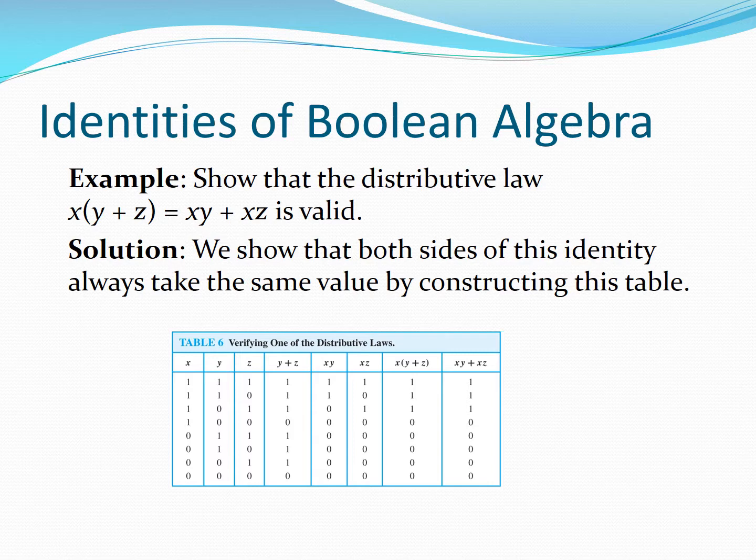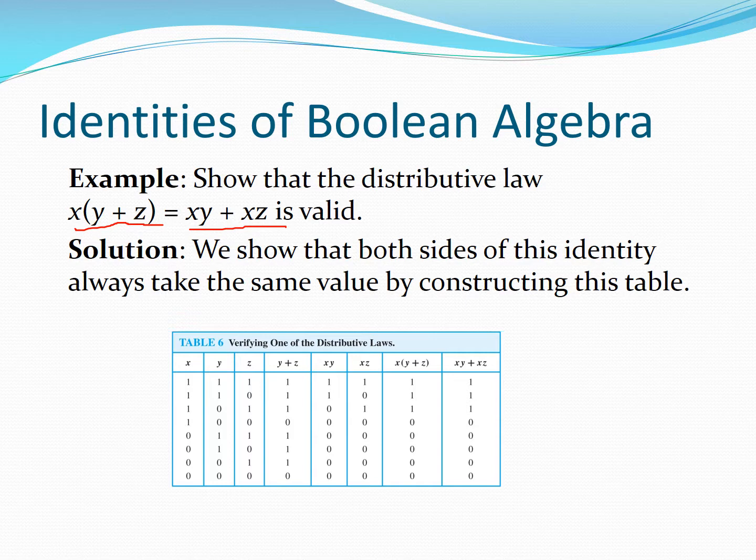Then we're going to jot down all possible combinations of values that can be taken by these variables, and then we're going to build the identity by combining two variables at a time, both on the left hand side and on the right hand side, and show that they're equal. So with the example at hand here, we need to prove that the left hand side, x times (y plus z), is the same as xy plus xz.